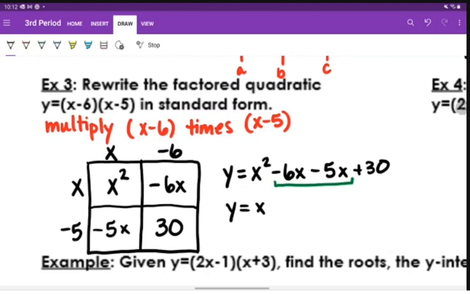Again, I'll caution you about the signs. It's a -6 and a -5, so when we combine those, we end up with a -11. So we get x squared minus 11x plus 30.